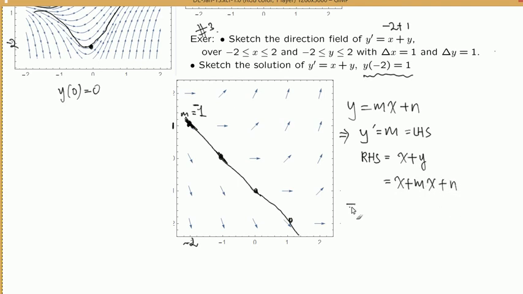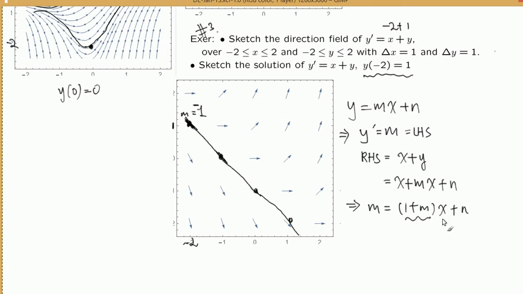So if this is a solution to this differential equation, the left-hand side, the slope m, must equal the right-hand side, which is x plus mx plus n. Is that right? This should be satisfied. The left-hand side is a constant function, right? So how can the right-hand side be a constant function? Only when m equals -1.